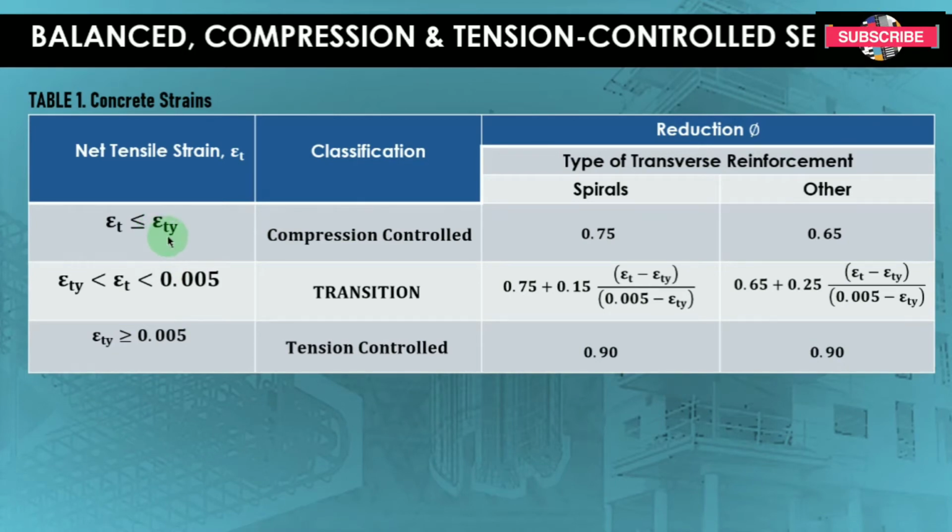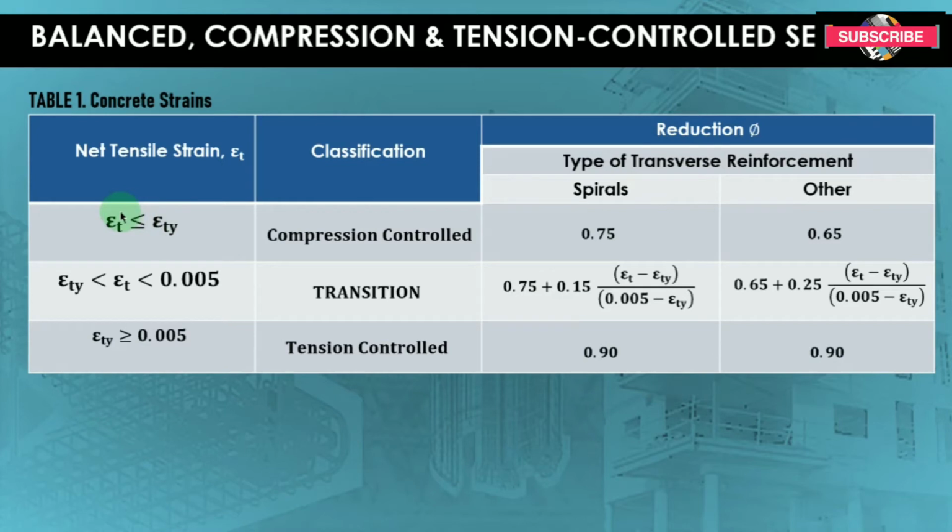So, para sa ating epsilon ty, referring now to this yield strain ng ating tension steel, greater than or equal now to this tensile strain epsilon t, ang mangyayari dito is tinatawag natin siya na compression controlled. Kasi yung epsilon ty natin is actually equal to 0.002.